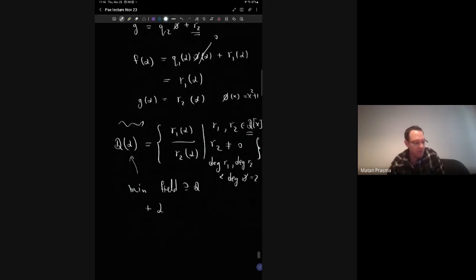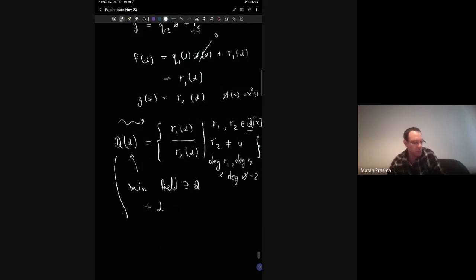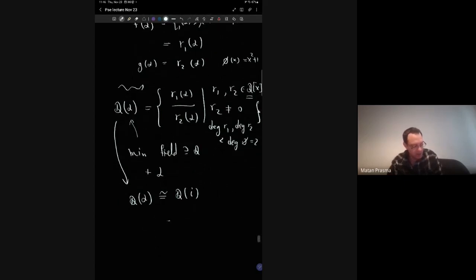In fact, Q of alpha would be isomorphic to what is called the Gaussian rationals. One way to view it is all the numbers of the form a plus bi, such that a and b are rationals.